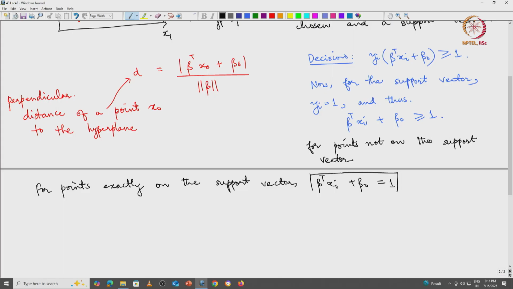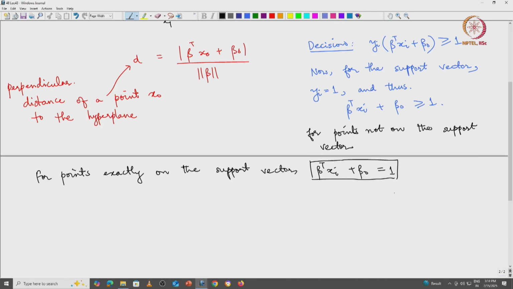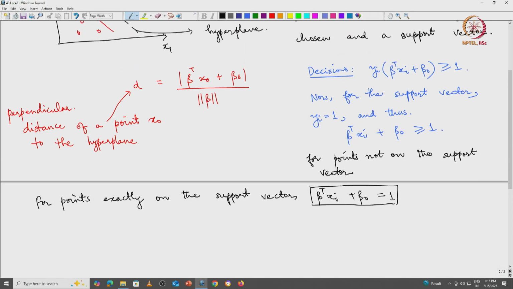Again this is something which you have studied in high school. Whenever you sketch inequalities based on lines, you know that on the line an equality holds and away from the line the equality becomes an inequality. So the same concept can be extended to a hyperplane. So for points exactly on the support vector, beta transpose xi plus beta naught equals 1, and that is exactly what we have here.